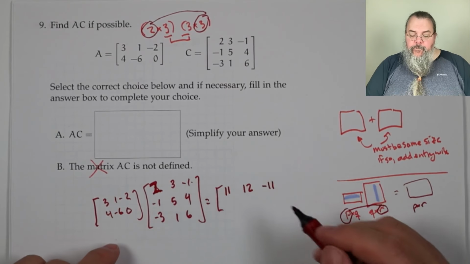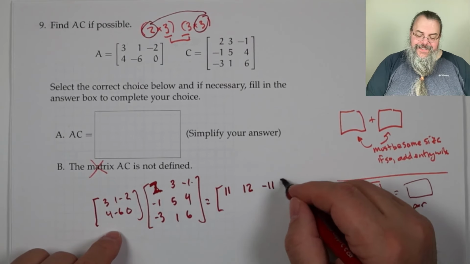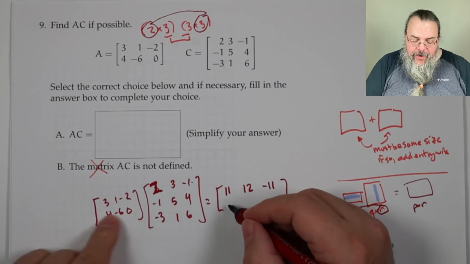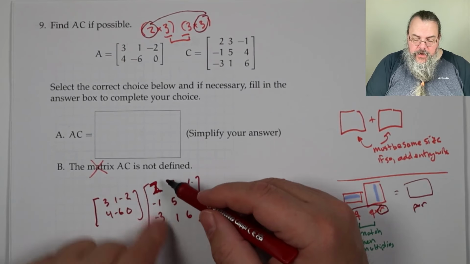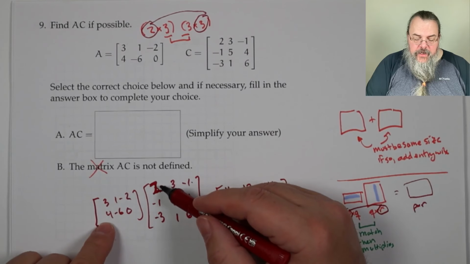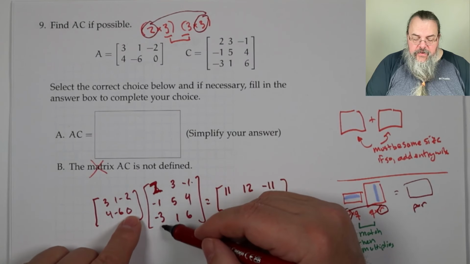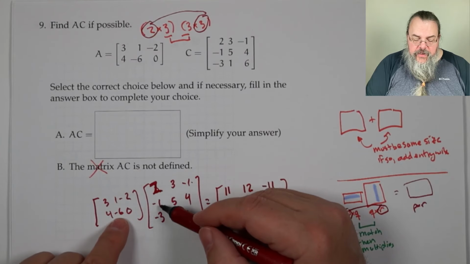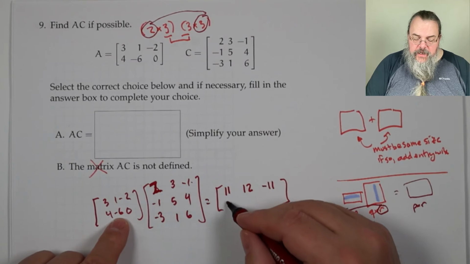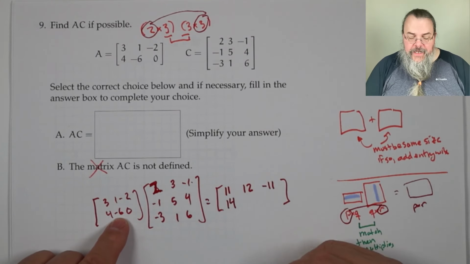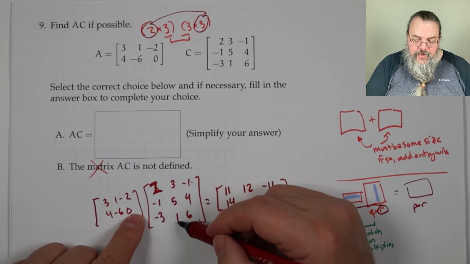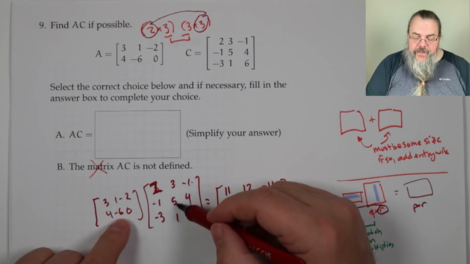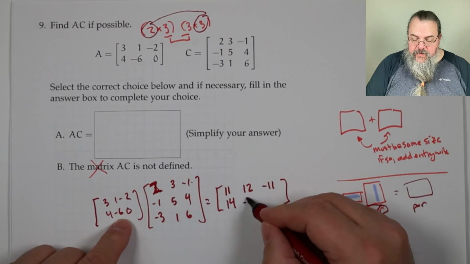Okay, halfway. Now, second row, first column, right? Row, column. 8 plus 6 and 0. Well, 8 plus 6 is 14, and add 0, well, it's still 14. 12 minus 30 plus 0. So 12 minus 30 is minus 18.